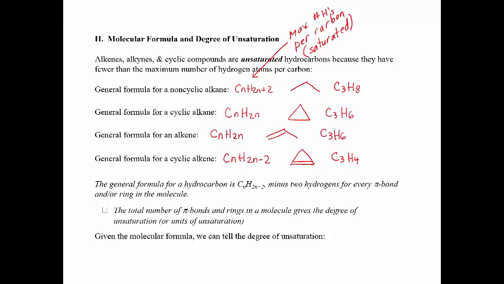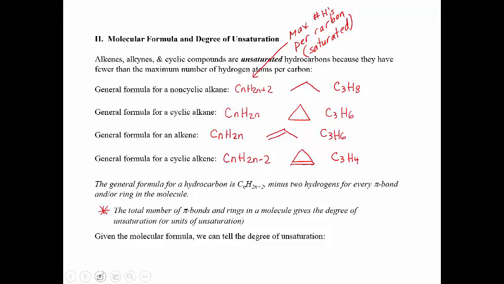And so the general formula for a hydrocarbon is CnH2n+2 minus 2 hydrogens for every pi bond or ring in the molecule. And the total number of pi bonds and rings in the molecule gives the degrees of unsaturation.